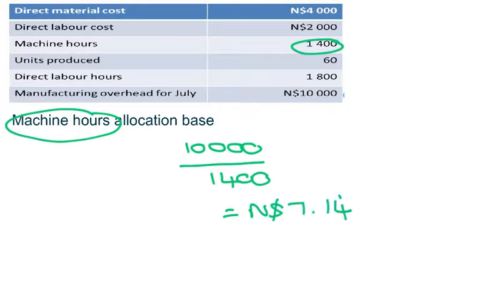What is this answer telling me? It's telling me for every machine hour incurred in the production process, I estimate that I will have $7.14 in manufacturing overheads. Now remember, please take note, this is not actual numbers. All of these are estimates.